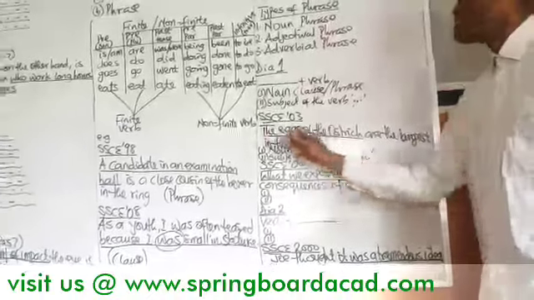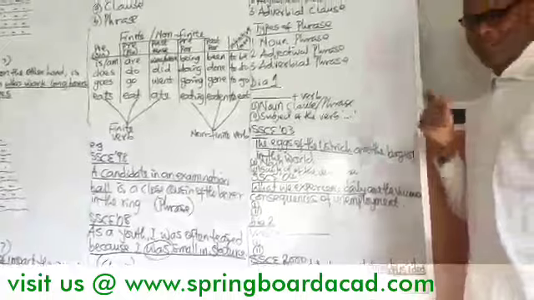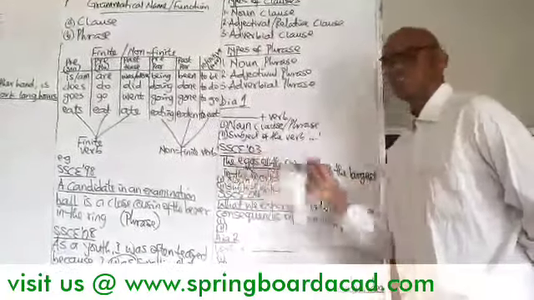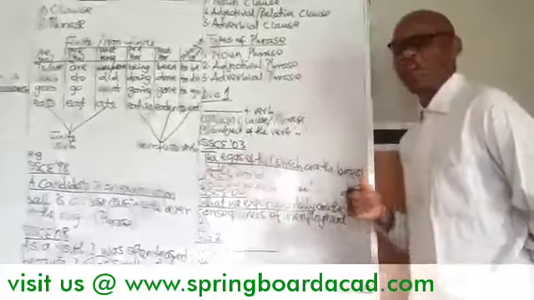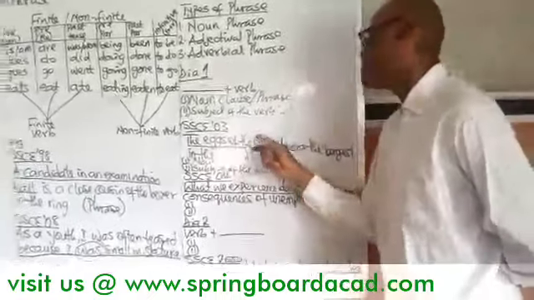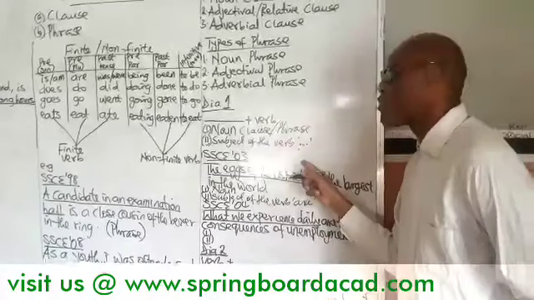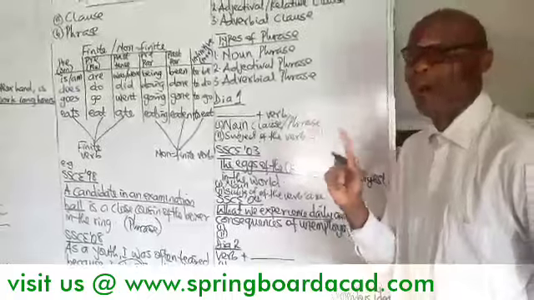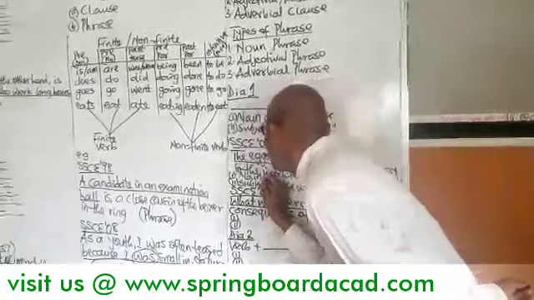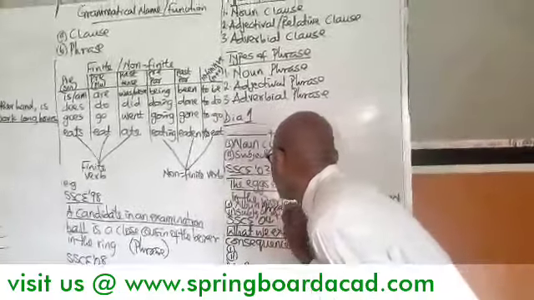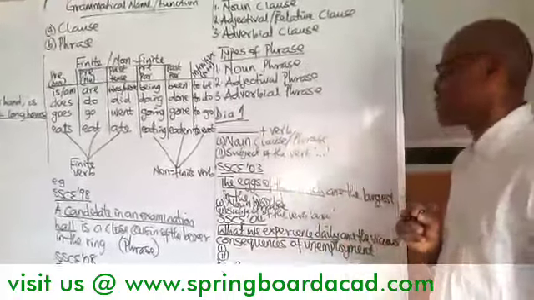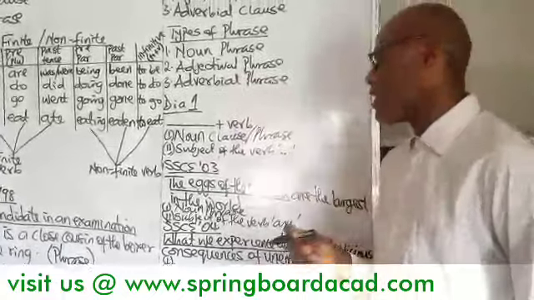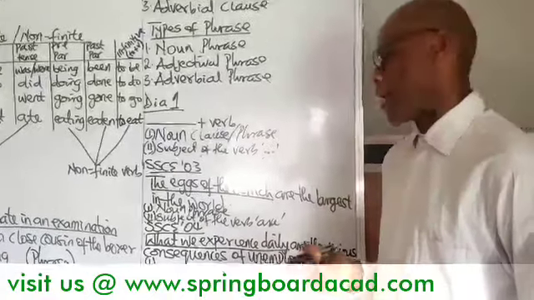Ask yourself, do these underlined words contain any finite verb? The is not a verb. Eggs is not a verb. Of is not a verb. The is not a verb. Ostrich is not a verb. In other words, it does not contain any verb at all. So this is what? A phrase. So this is a noun phrase, subject of the verb are. This will give you noun phrase, subject of the verb are.